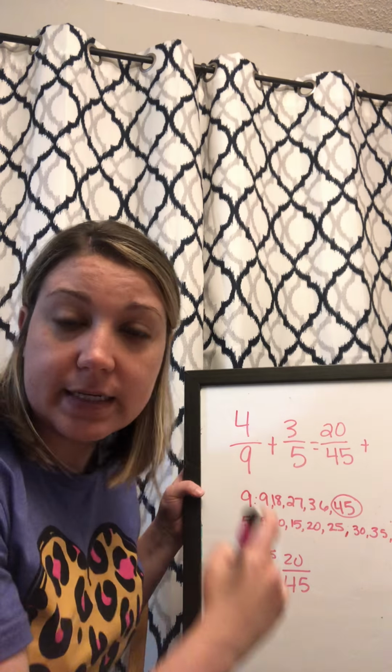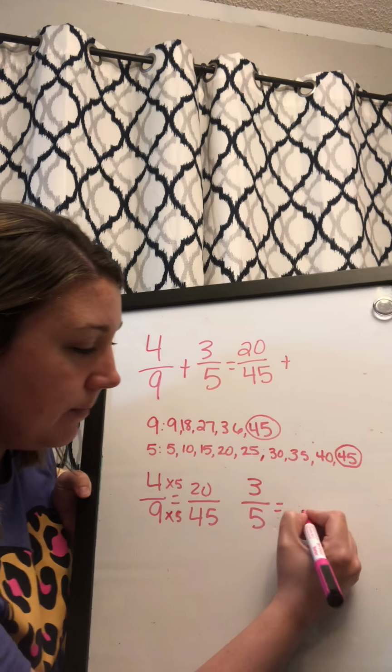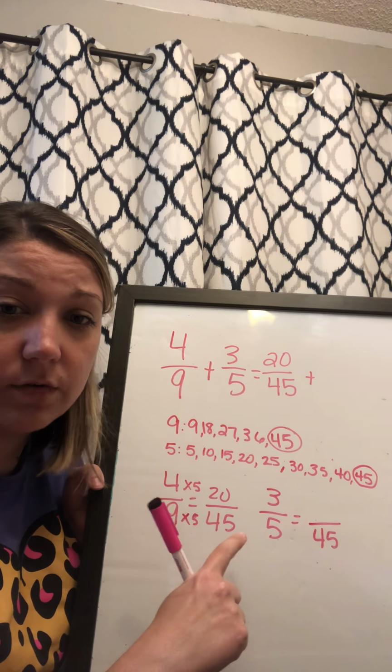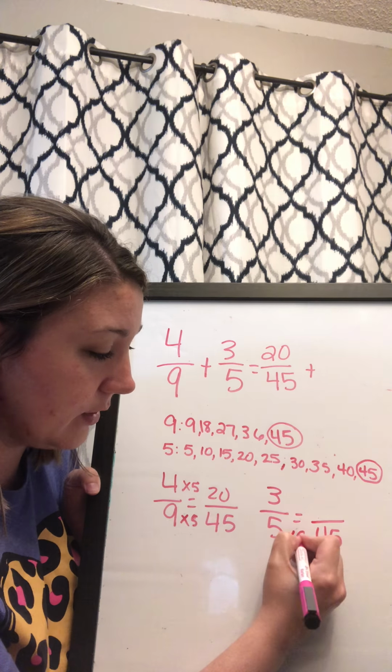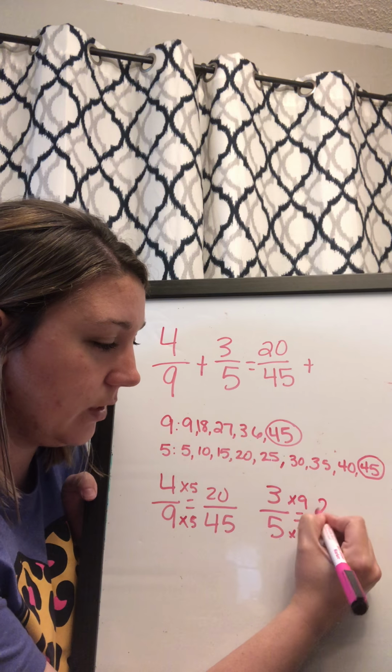Okay, now I need to find my equivalent fraction for 3/5. So we have 3/5, and I'm going to set it up, and I always say 3/5 equals something over 45. And you ask yourself, what times 5 is 45? Well, we know it's 9. If you multiply the bottom by 9, you have to multiply the top by 9. 3 times 9 is 27.